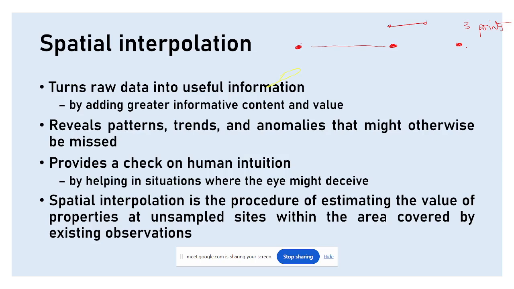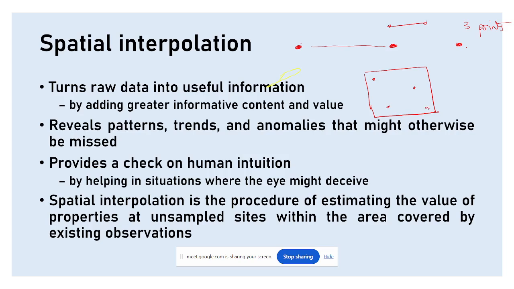The same thing I was trying to say: for instance, let's say this is a region somewhere in New Delhi. You have some information regarding the rainfall in this area. Some rainfall data was obtained from here, somewhere from here, somewhere from here, and somewhere from here.